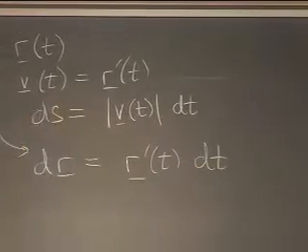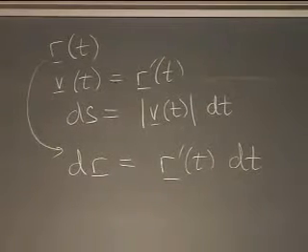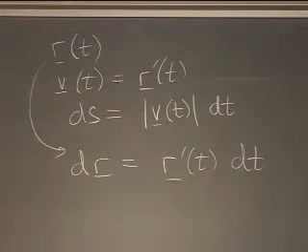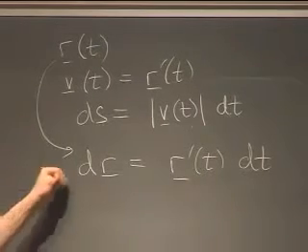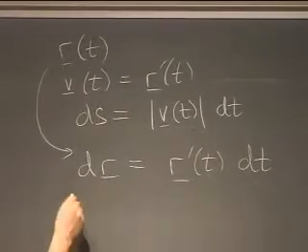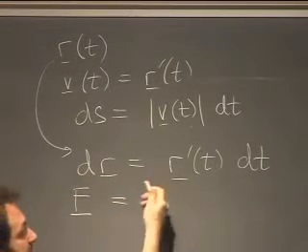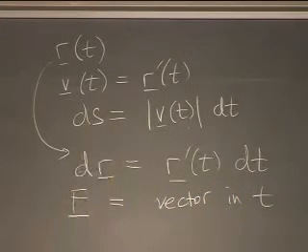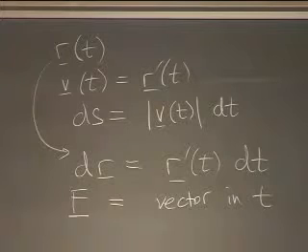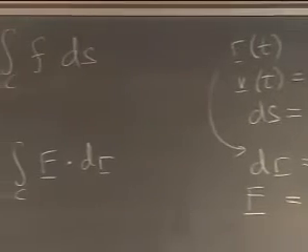It's the same as the velocity, but we're writing it in a differential way as dr as opposed to r prime of t dt. It's the same thing. And so this means that you could take your vector field f and write it in terms of t, a vector in t, by substituting in the parameterization. Again, I did this last time, so I'm not going to do it again. But then you can directly put in f dot dr. And we did this.